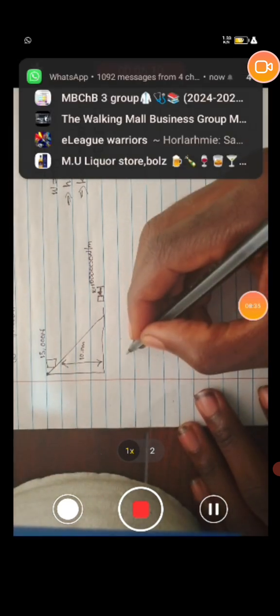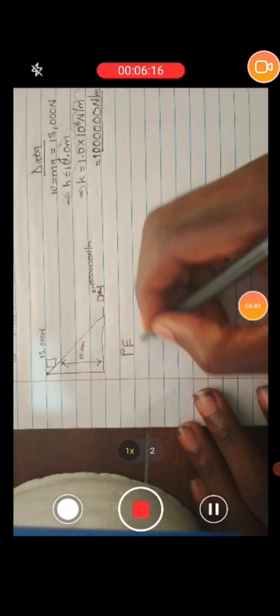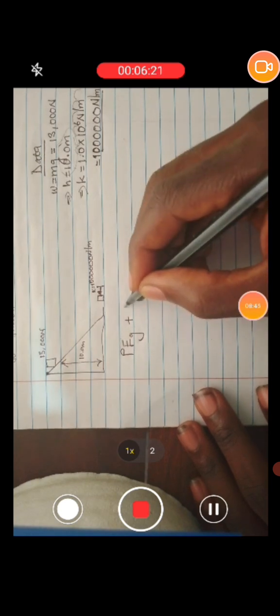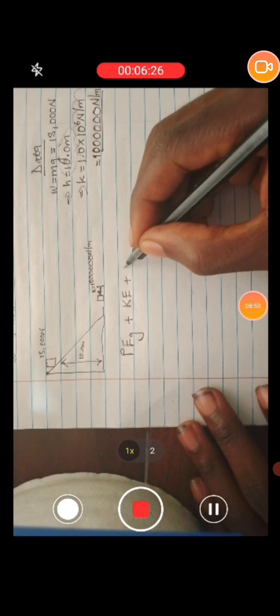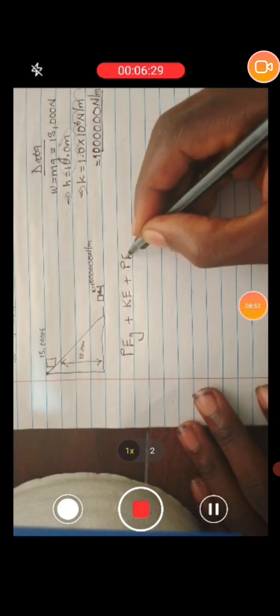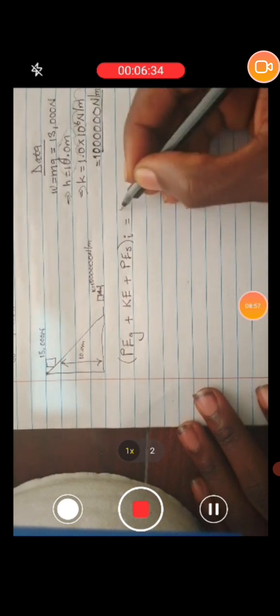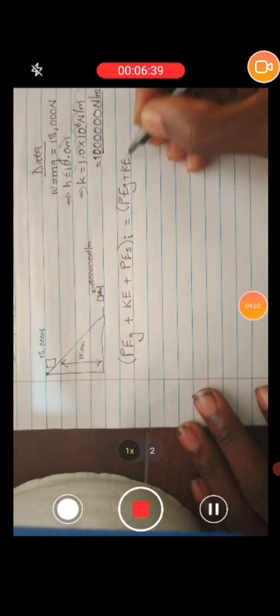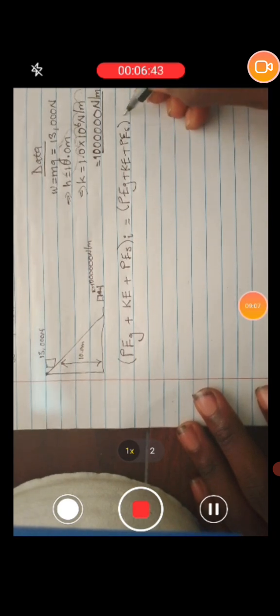So the conservation of energy states that the initial gravitational potential energy, plus the kinetic energy, plus the elastic potential energy, initial, should be equal to the final gravitational potential energy plus the kinetic energy plus the elastic potential energy.